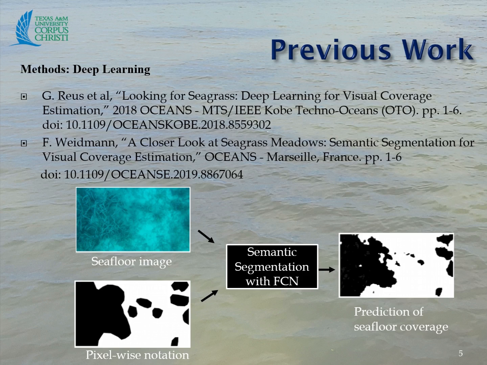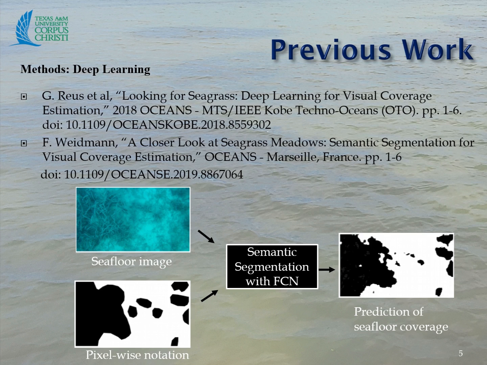For previous work, Roos and his group compared deep learning convolutional neural networks to traditional machine vision techniques. More specifically, they used the Inception network and compared their results to the superpixeling algorithm, the simple linear iterative clustering algorithm.